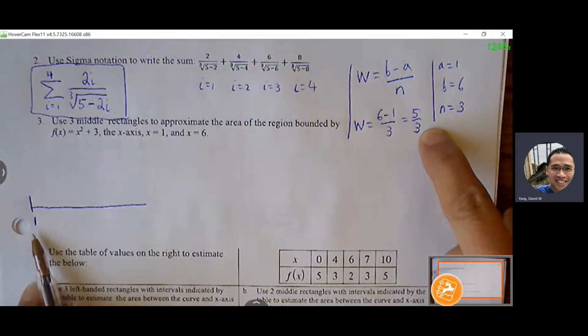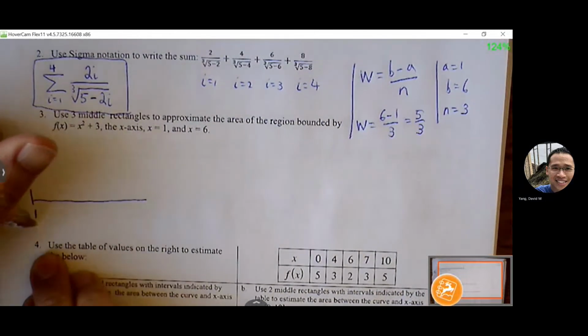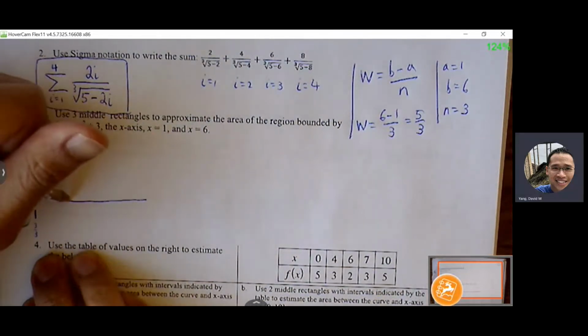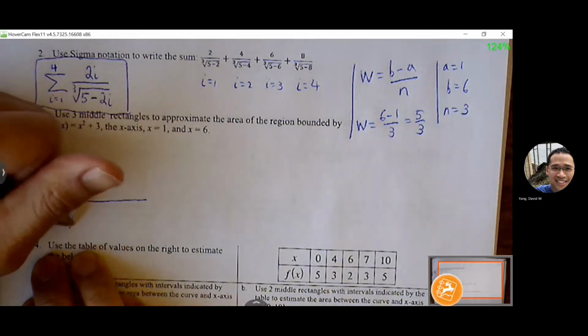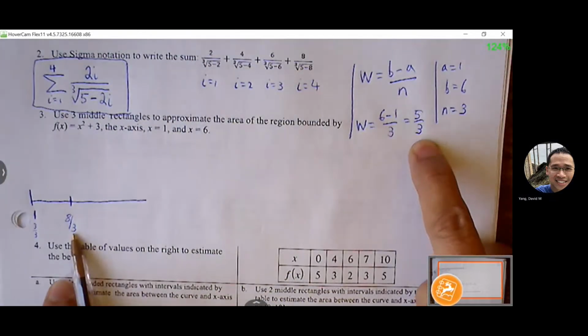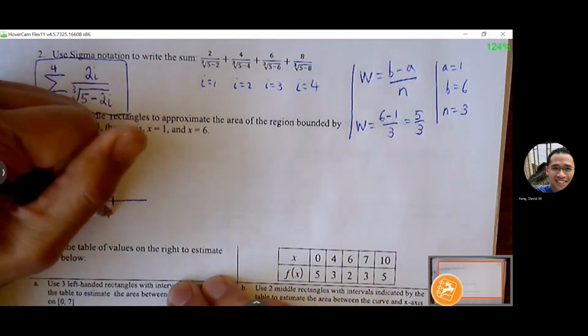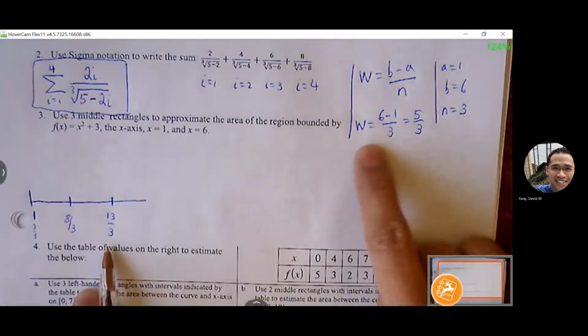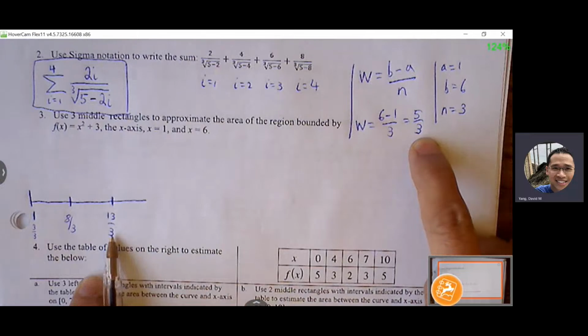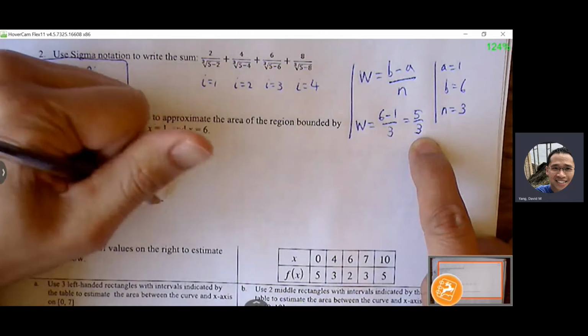So 1 plus 5/3, same thing as 3/3 plus 5/3, is 8/3. Then 8/3 plus 5/3, I'm just adding the width to my previous subinterval, gives 13/3. Add the width again, 13/3 plus 5/3 is 18/3, and that's exactly 6, right?